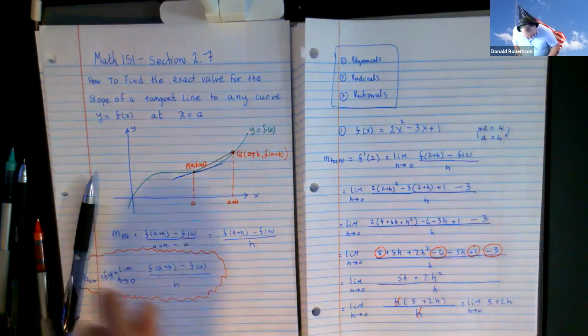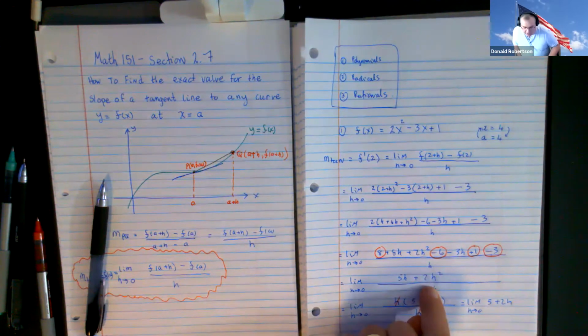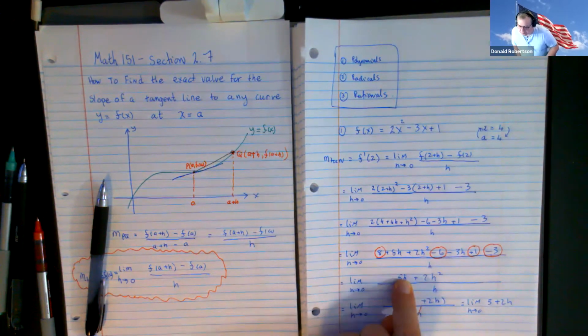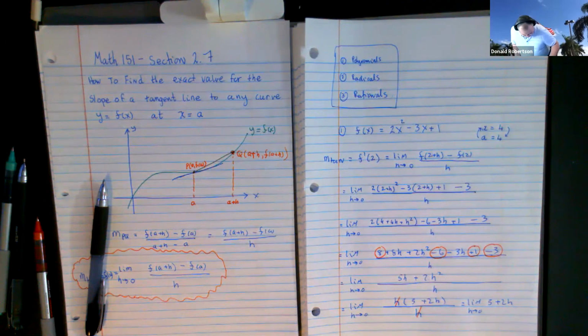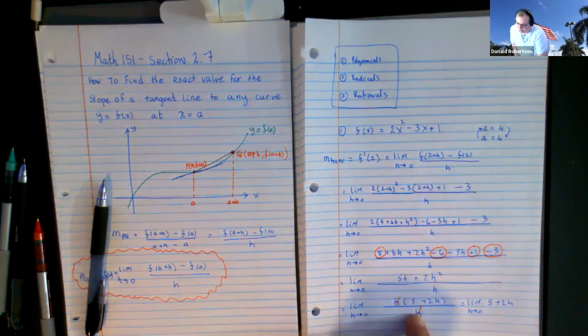Don't say, oh, I'll just cancel this h with that h and leave 5 plus 2h squared. That algebraically is not correct. You can only cancel factors. So you have to pull something out as a common factor before you can cancel it, so that it is a factor that's cancelling it. So the h factor is cancelling this h.